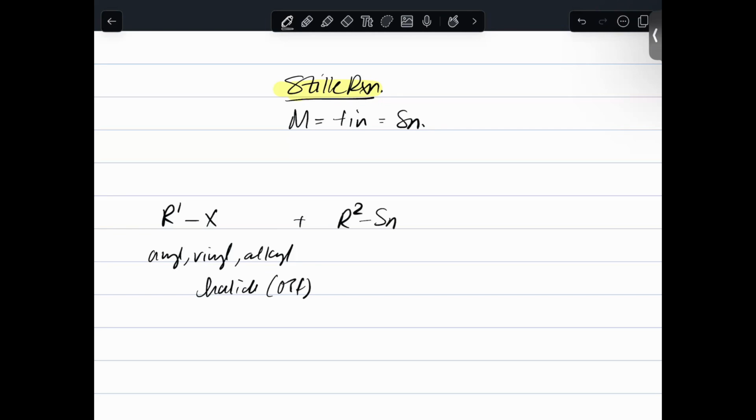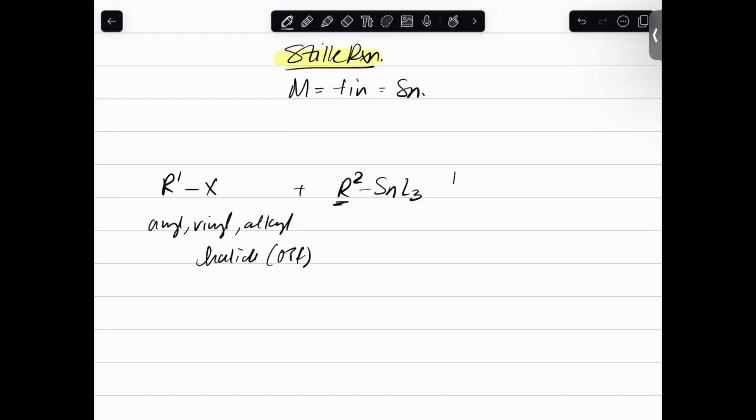So tin is bonded to the substituent that we want to exchange in our transmetallation step, and three ligands, and we'll talk about those ligands in a second, just like we did with the hydroboration. We typically have our palladium catalyst, and in this case, we do not need an additive or a base.